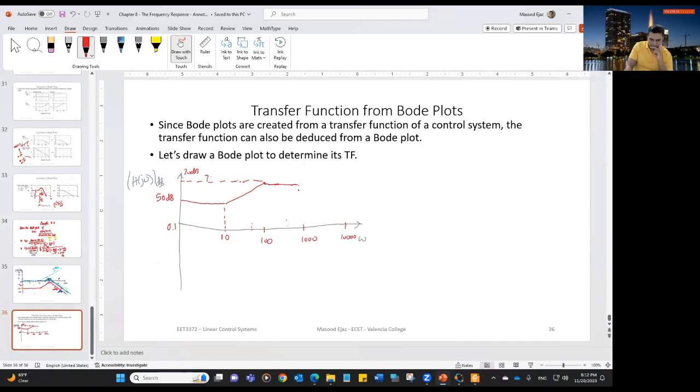Then it drops down. So let's assume this is our Bode plot.